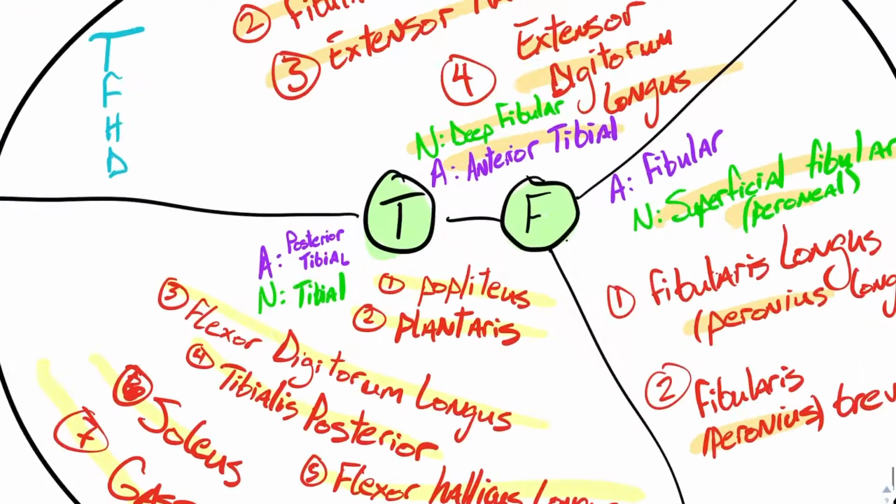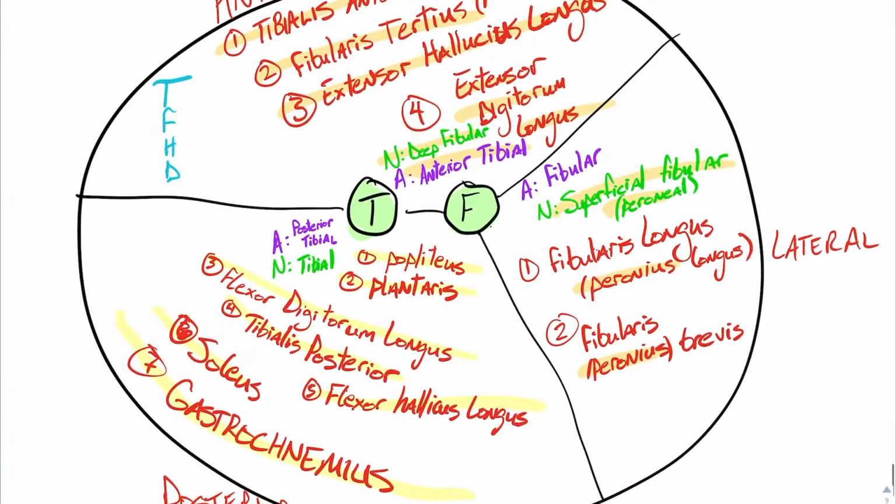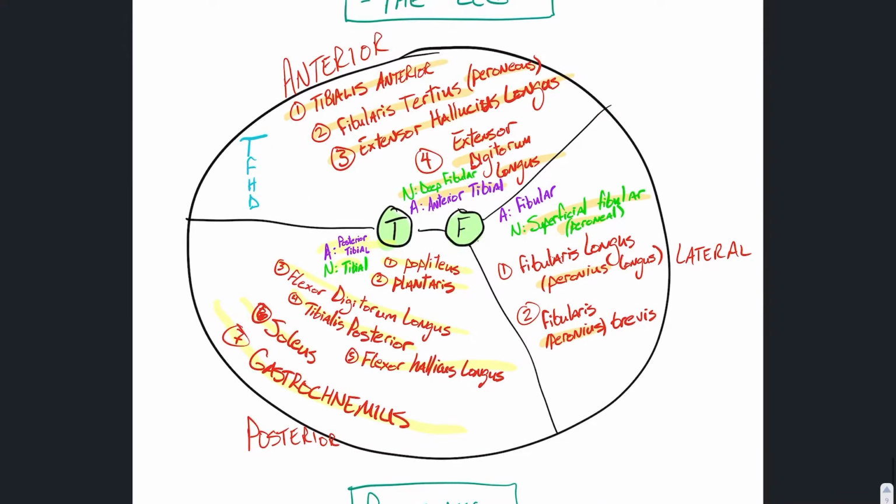And what innervates that posterior area? The tibial nerve, and the artery that runs there is what? The posterior tibial artery. And you have nailed it. And I'm going to undo all of our highlights so it's nice and clean, and wrap this up.